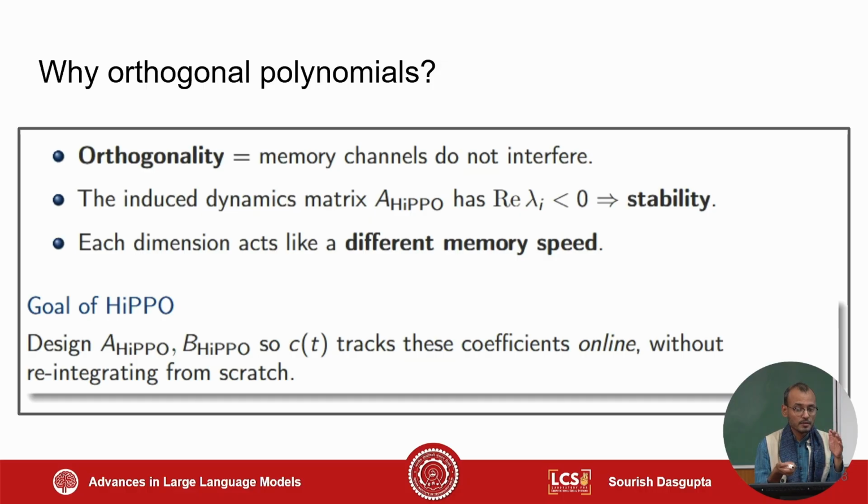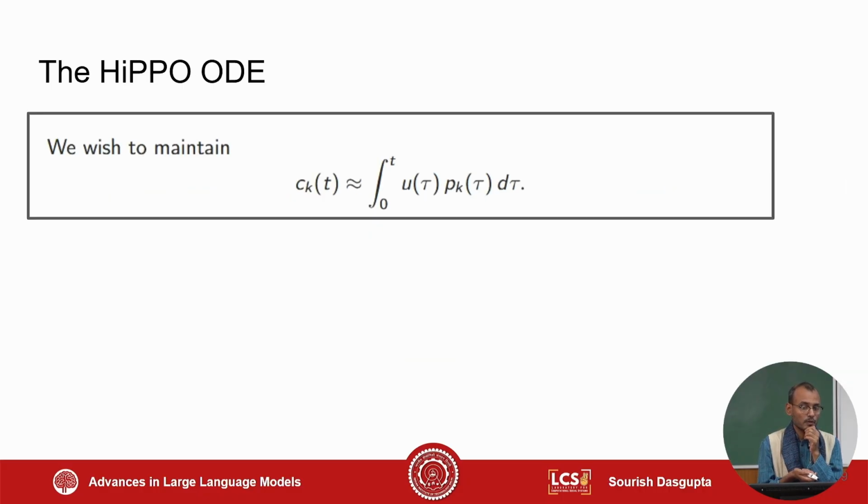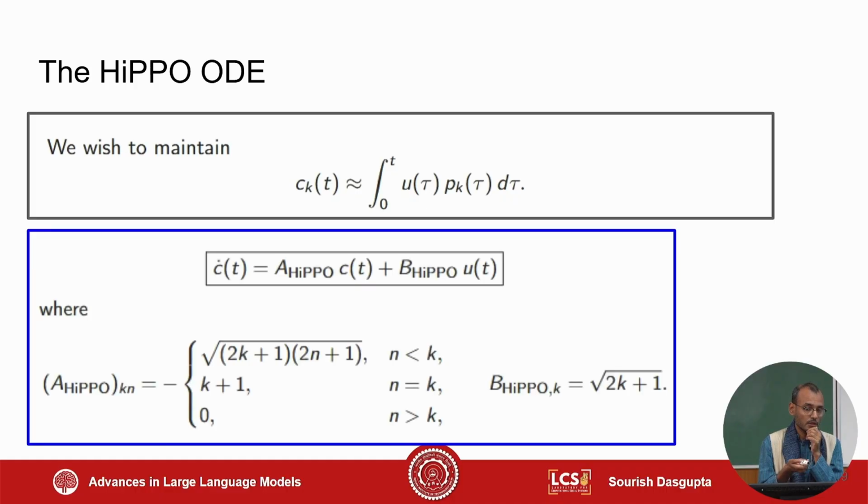So all these tracks, all these signals, they become the coefficient, without reintegrating from scratch. So we wish to maintain this, and we wish to get something like this corresponding. So the same old principle, where instead of X they used to call it C for some reason.